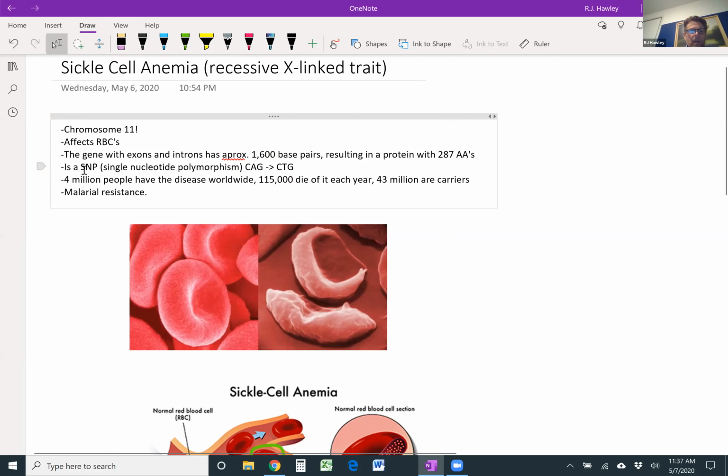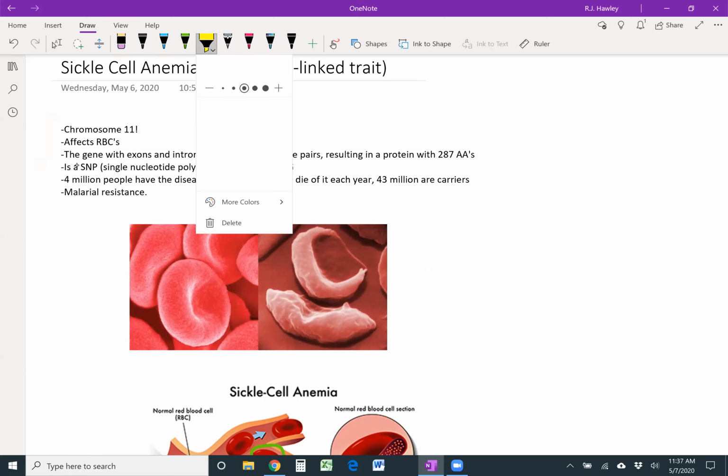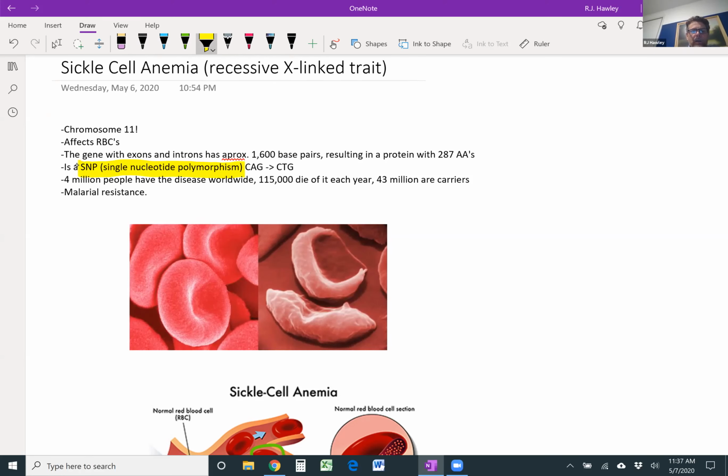So this says SNP. That's a single nucleotide polymorphism here. So one nucleotide, right? The A is changed in the middle. Adenine should be there and thymine is there instead.